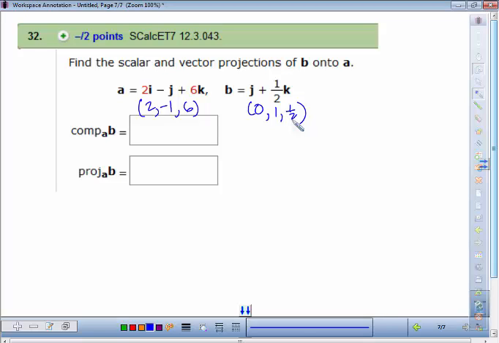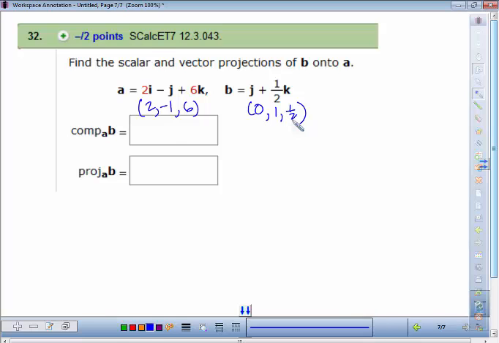We want the projection of B onto A. So A is like that W vector, where the shadow is going to be. And then we want the vector projection.